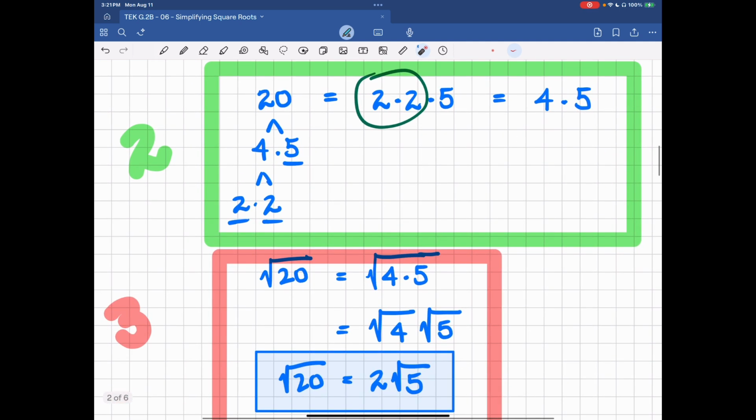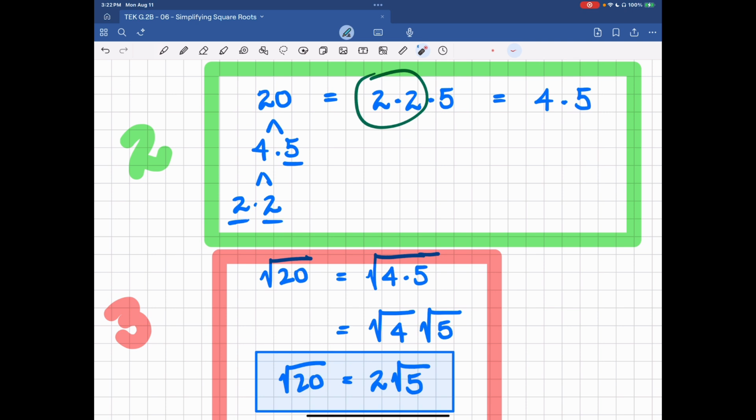My third step is to basically rewrite the problem. I'm looking for the square root of 20, and I'm going to take this 4 times 5, because I know that 4 times 5 is 20, and I'm going to place it under the square root. So I have the square root of 20 is now equal to the square root of 4 times 5.